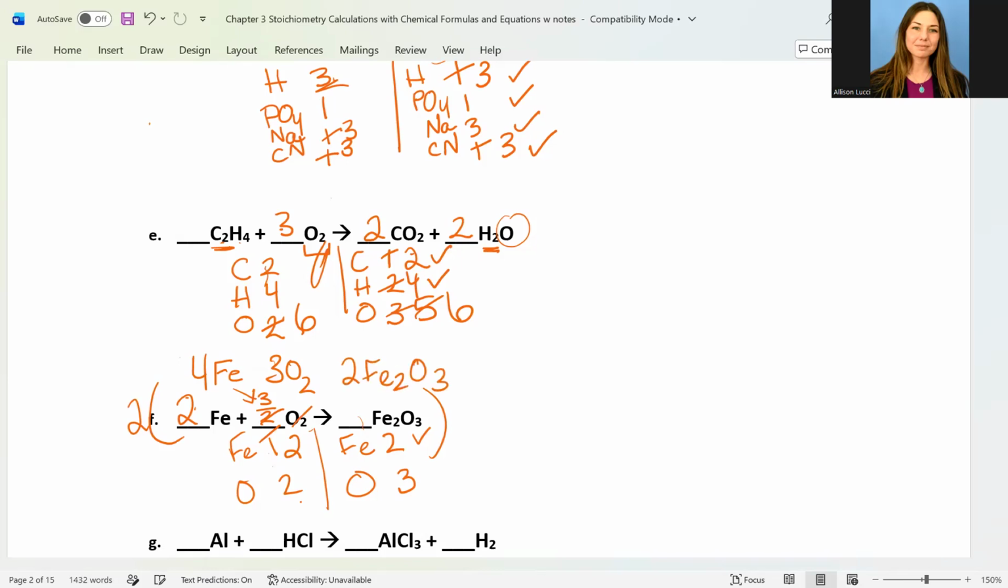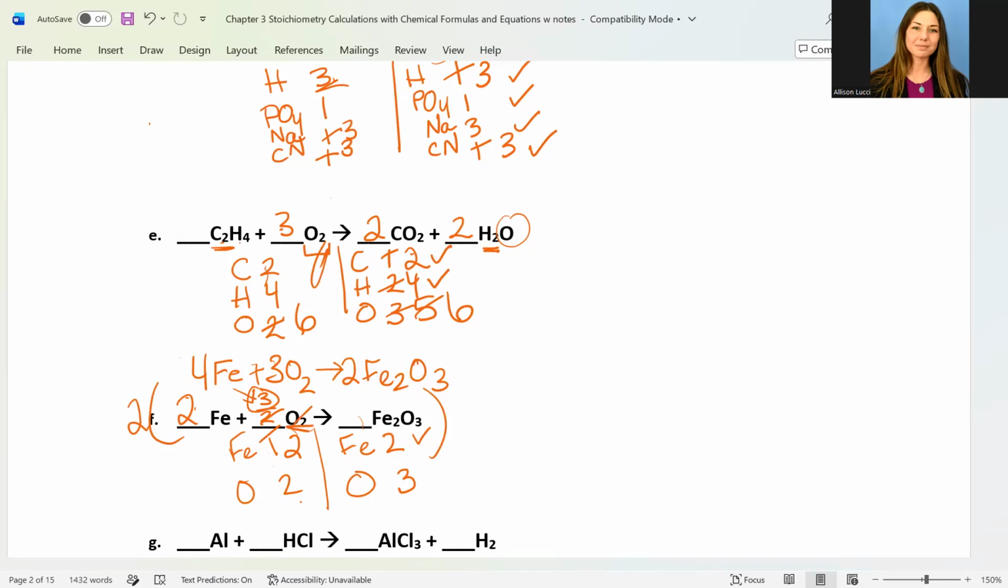So again, because I needed an odd number of oxygens and they are diatomic, I can put in that fraction temporarily, but then multiply everything by 2. And now I see that this is my balanced reaction above. 4 iron, 3 O2 can give me 2 Fe2O3.